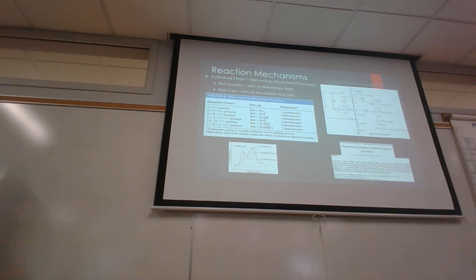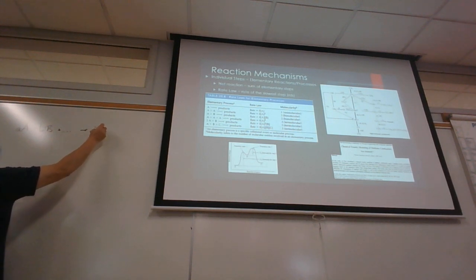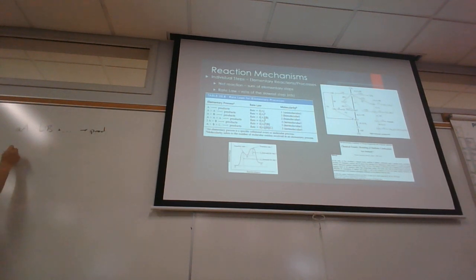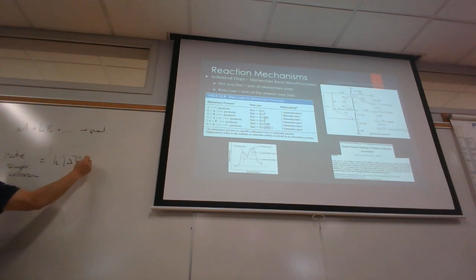So one thing, when we have a simple process, there's nothing hidden here. If there's nothing hidden, then the coefficient comes into play. And so the rate for a simple collision or elementary process is equal to k[A]^a[B]^b, and so on.